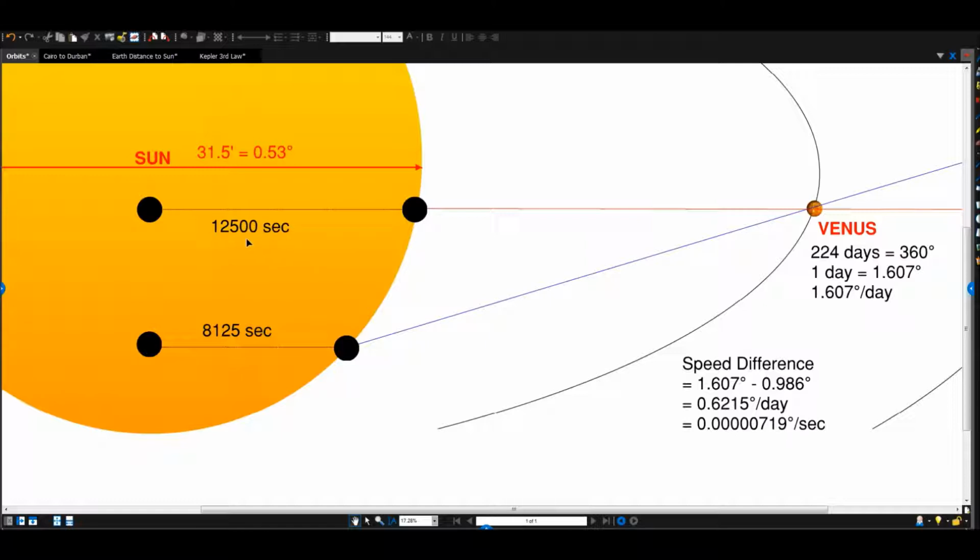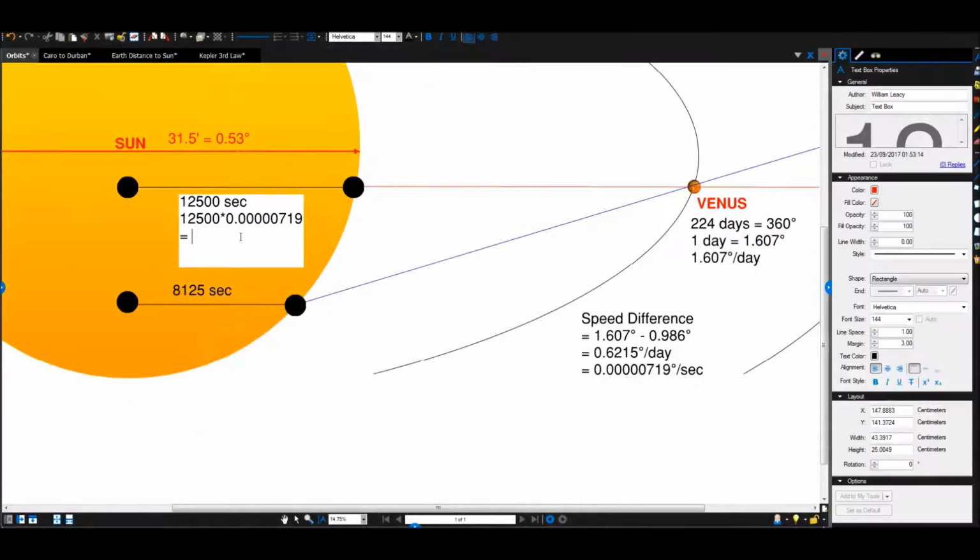So if we multiply 12,500 by 0.00000719, we will get the distance in angular measure for this. That turns out to be 0.08988 degrees.